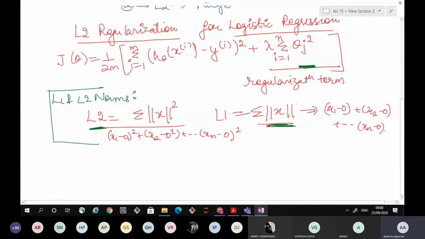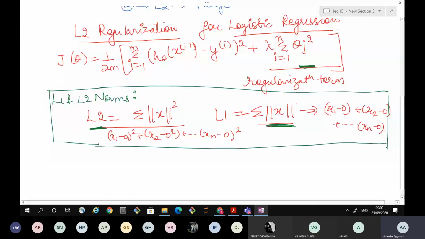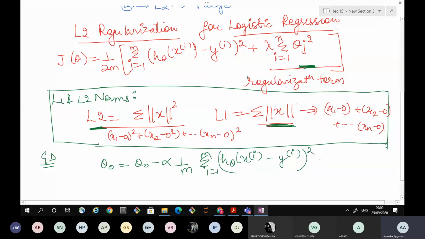Now let us have a look at the overall gradient descent term that is calculated after applying this regularization. What is the effect on the gradient descent algorithm? My gradient descent says that theta is updated for theta minus 1 by m sigma i equals 1 to m of h theta of xi minus yi, this is the simple term that we already do, and then we have x naught i.